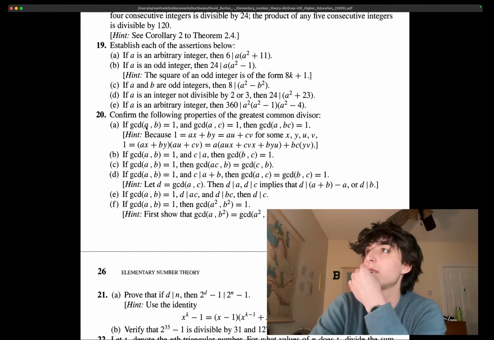So, set of divisors of A, set of divisors of B, the biggest one of those is 1. And then the set of divisors of A and C, the biggest one between those is also 1. And then the set of divisors of A and of those two things multiplied together also being 1.